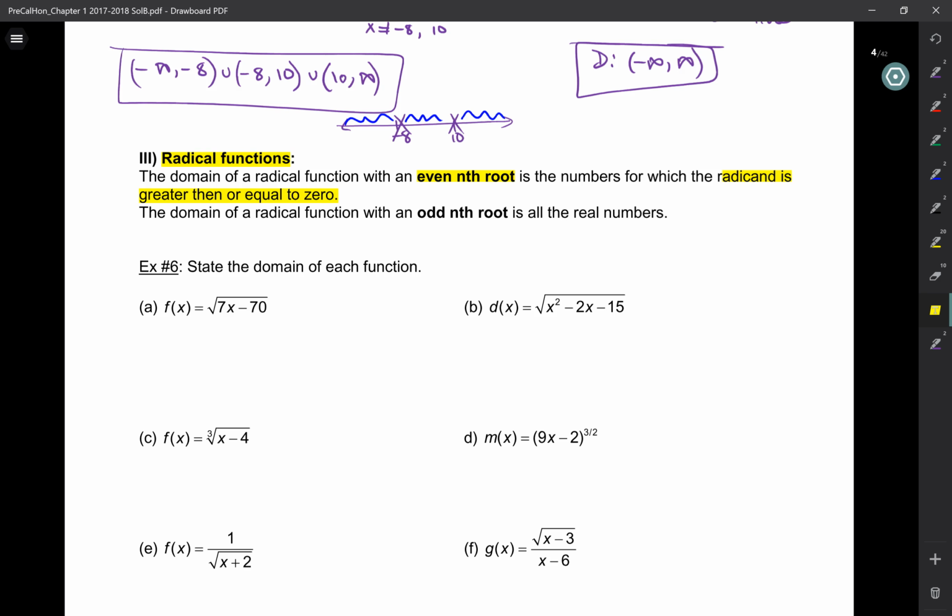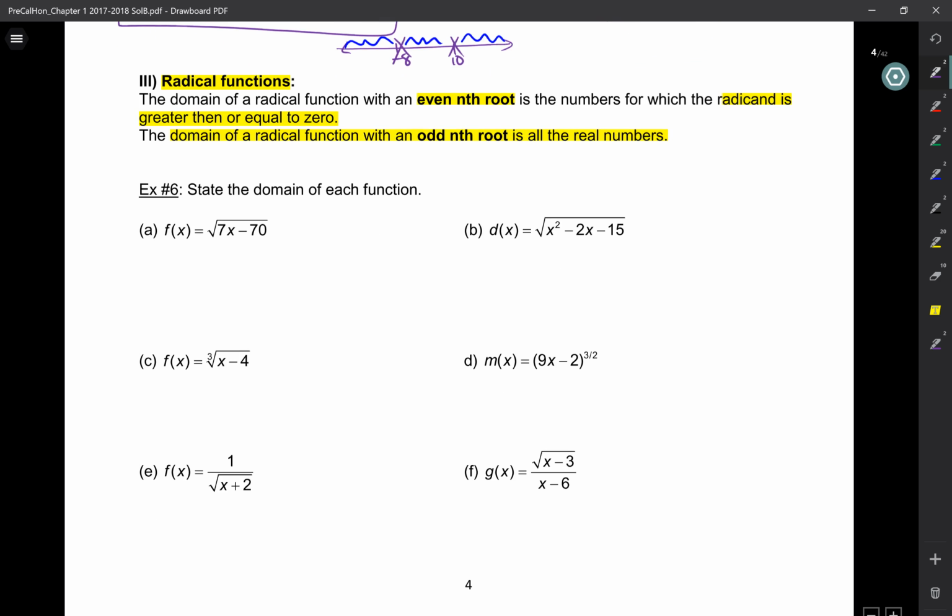If you have an odd root, cube root, what's the cube root of 1? 1. What's the cube root of minus 1? Negative 1. So cube roots, fifth roots, seventh roots, odd roots have no problem. All numbers work. So the domain of odd roots is all real numbers.